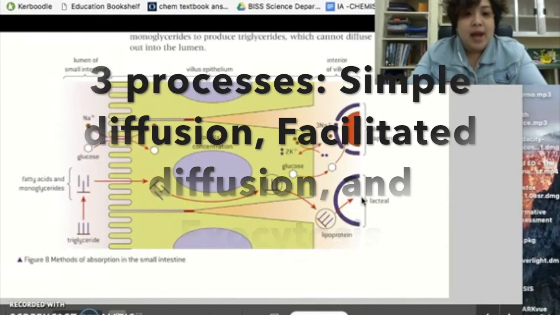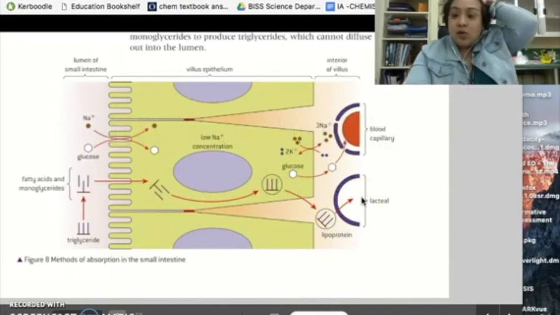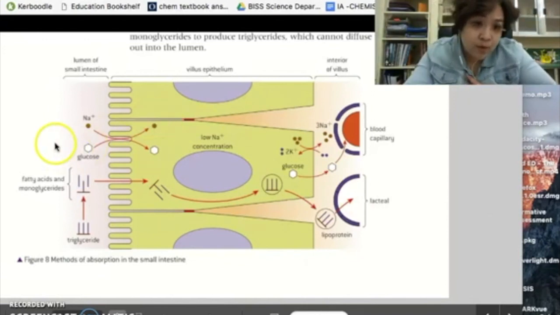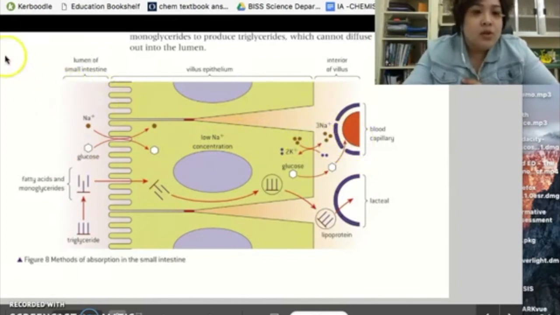Okay, now you also need to know the process of absorption of glucose. How does glucose from your food get into your blood circulation? All right, so your polysaccharides, after you break them down completely, you have your monomers, glucose. Now, glucose can't easily pass through the membrane, so two things need to happen.